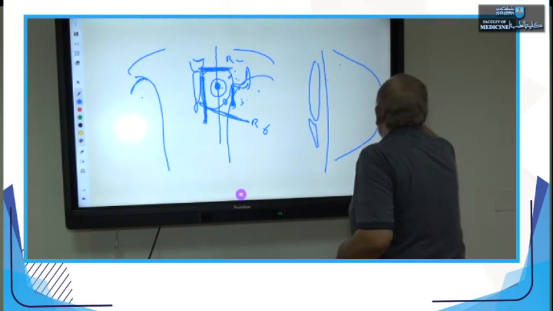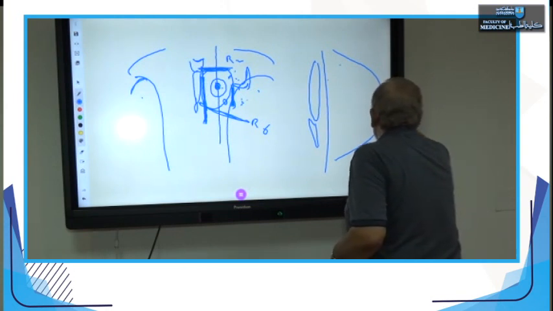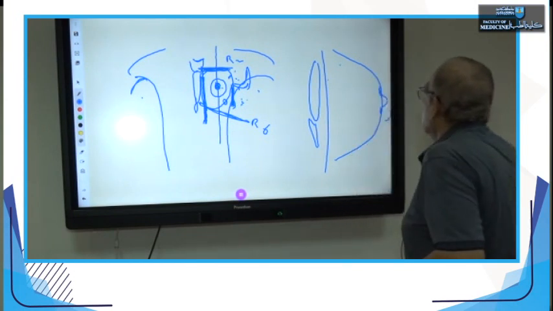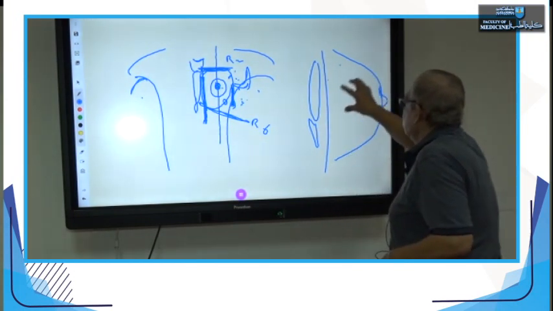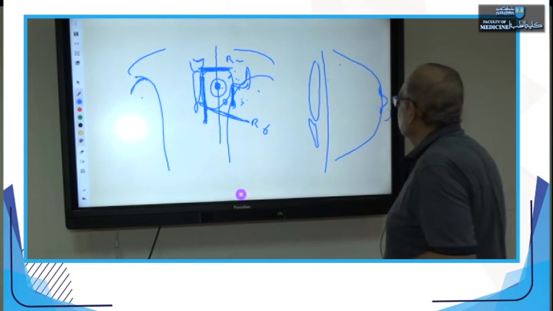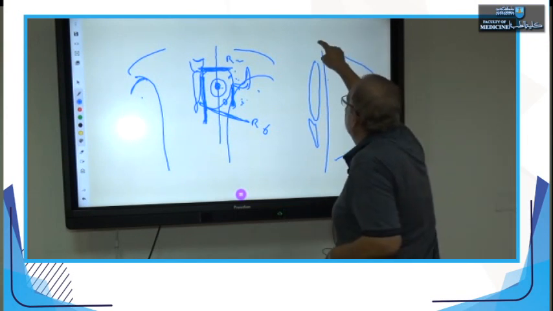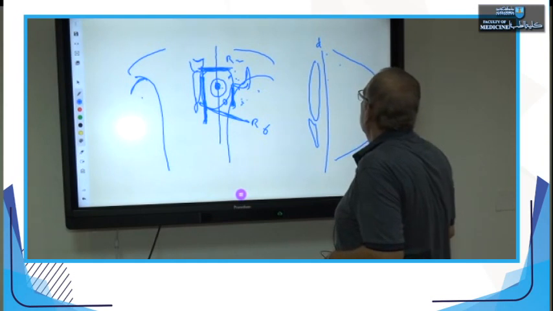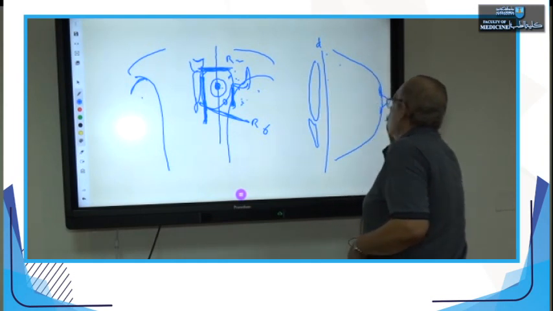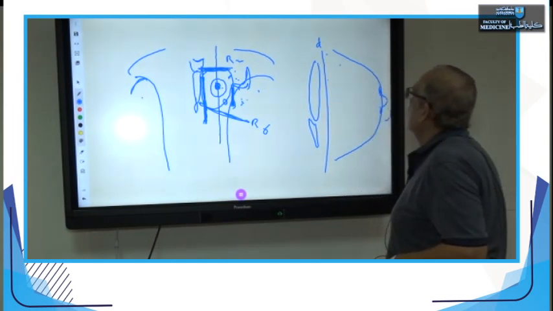And of course, here there will be the nipple, which is surrounded by the areola. And all this substance is fat. So this is the deep fascia. All of the breast is superficial to the deep fascia and is mainly formed of fat.